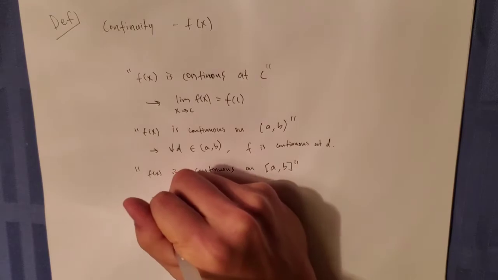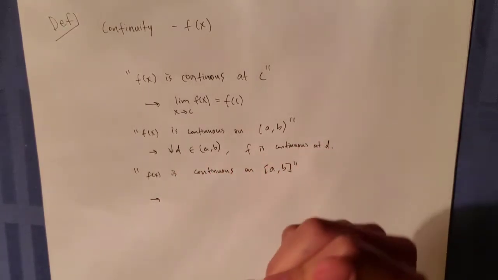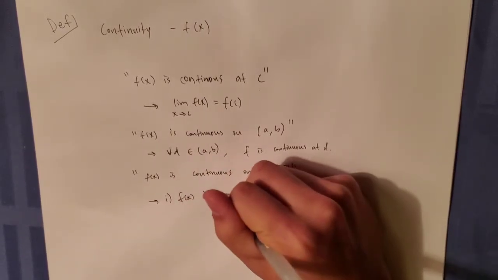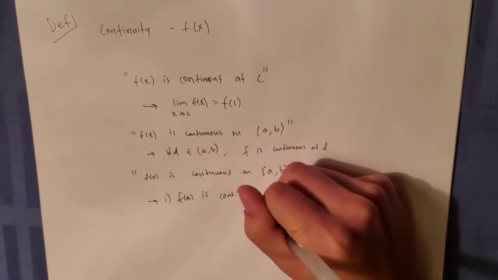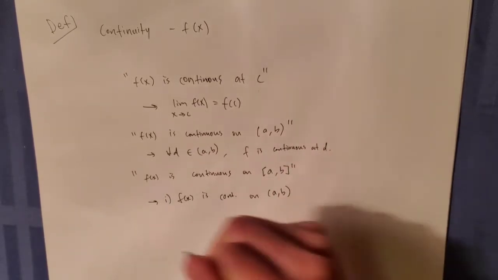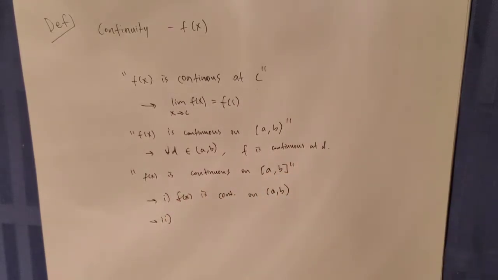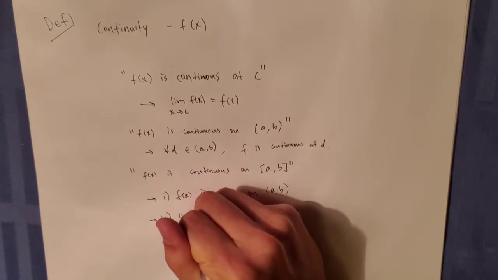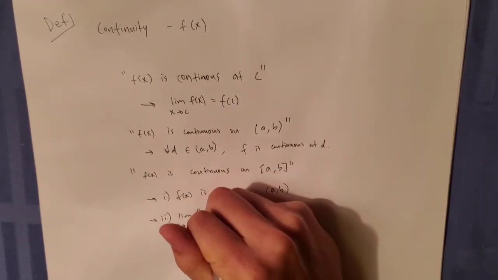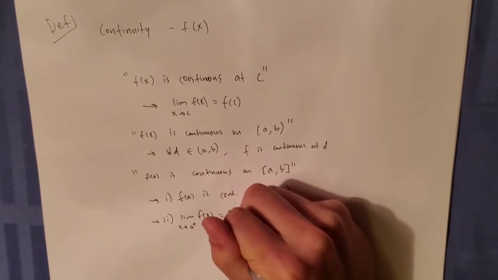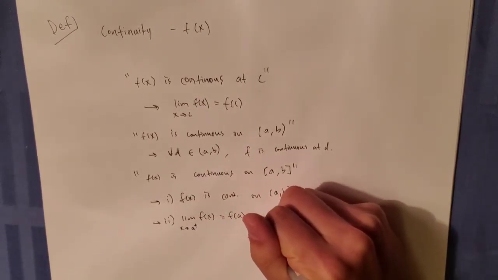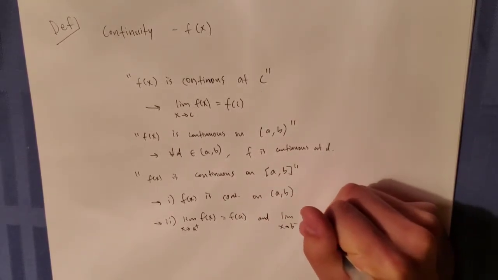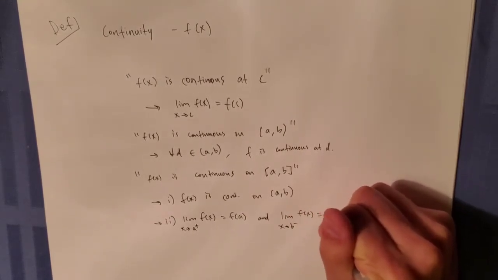So this is the same as, well, first you need to have that f of x is continuous on the open interval, and you need to have that the limit as x approaches a from the right, or the positive side, of f of x equals f of a, and the limit as x approaches b from the left side, or from the negative side, of f of x equals f of b.